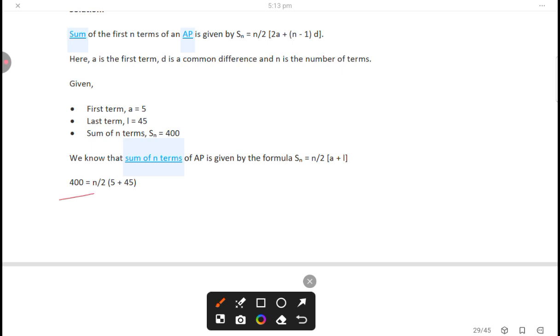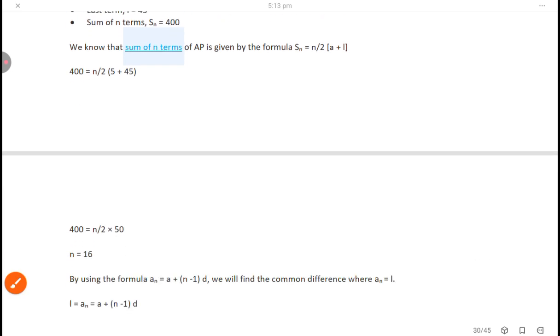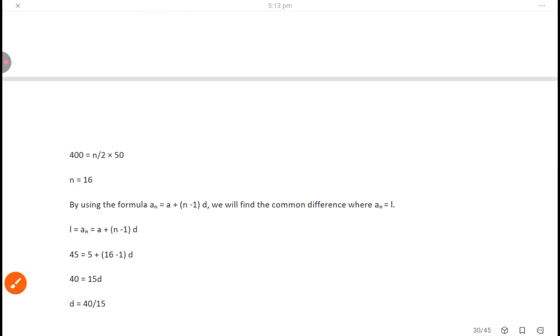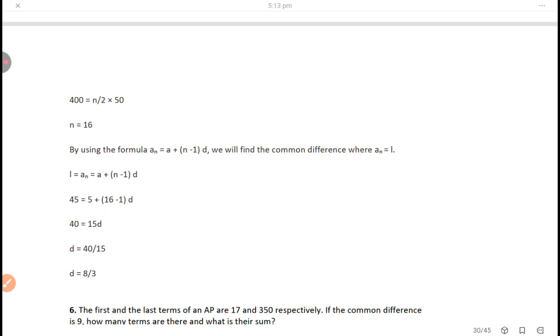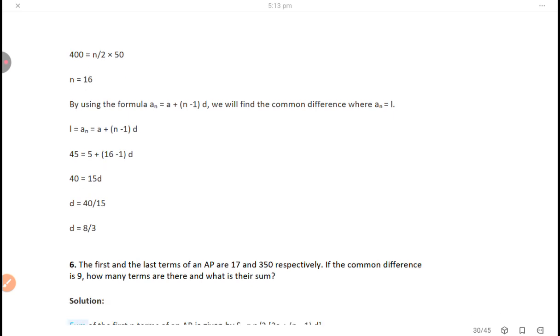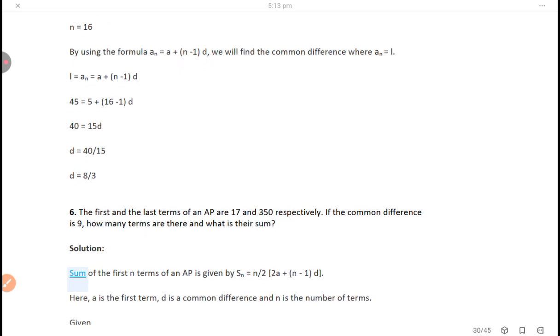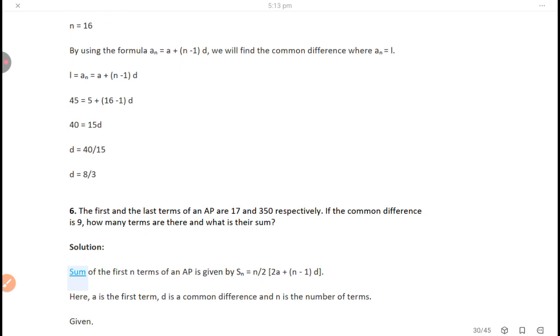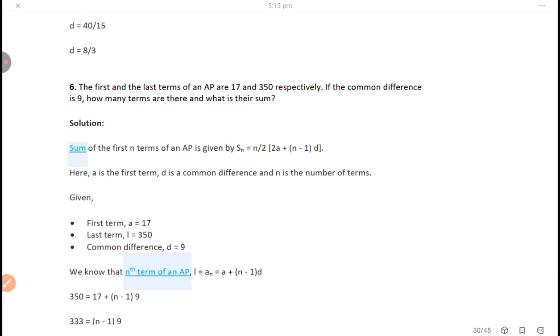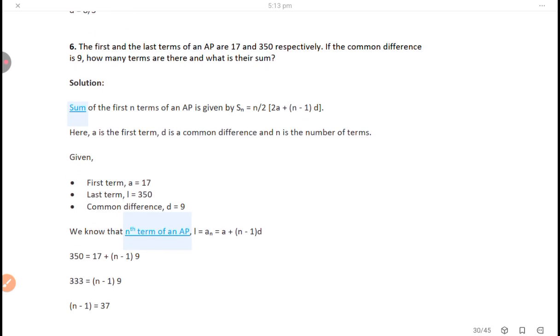So n by 2 times (5 plus 45), and n is equal to 16. If you know n, you can find the common difference also. So d is 8 by 3. Similarly, the sixth question is also done for you. Kindly check it.